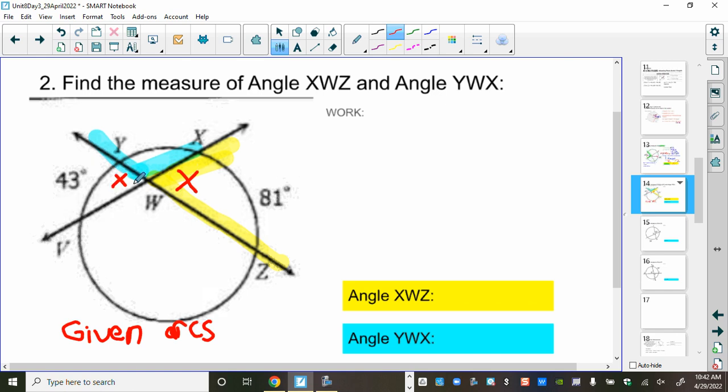So indicate, basically what's going to happen is these two arcs, it's going to be the sum of the two arcs.